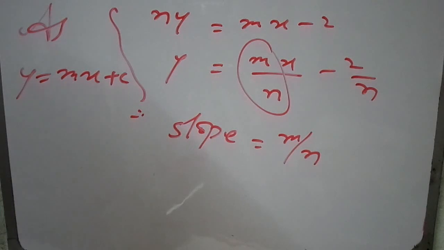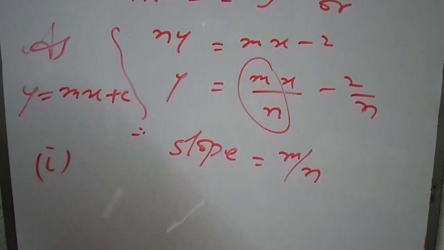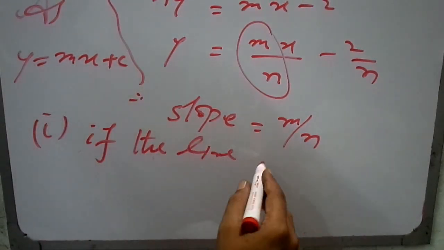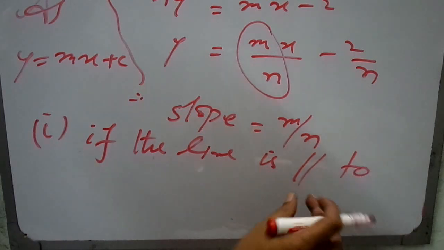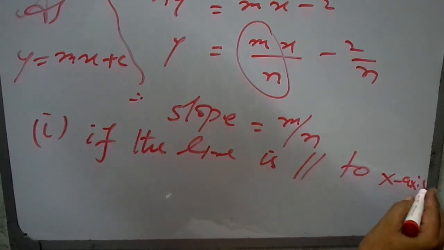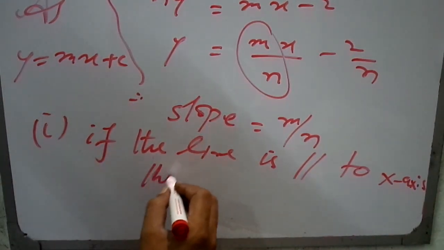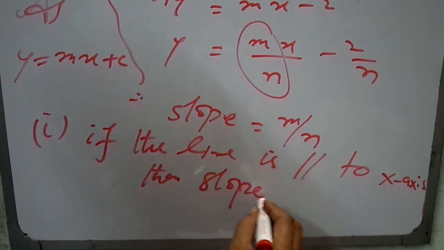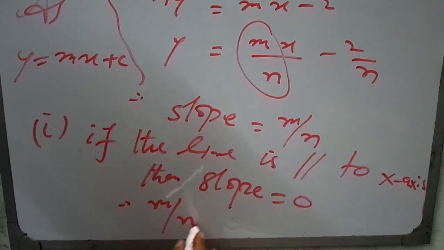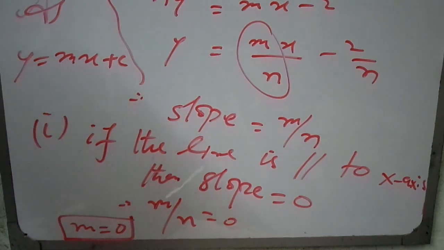Now in the first part of this question, if the line is parallel to the x-axis, then slope is equal to 0. That's why m by n is equal to 0. It gives you m is equal to 0.